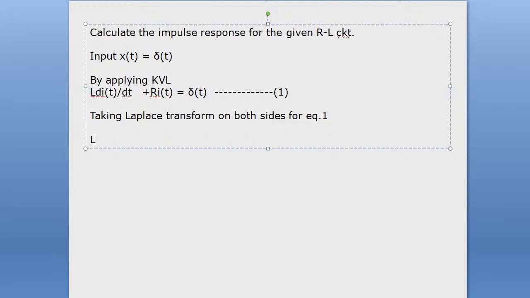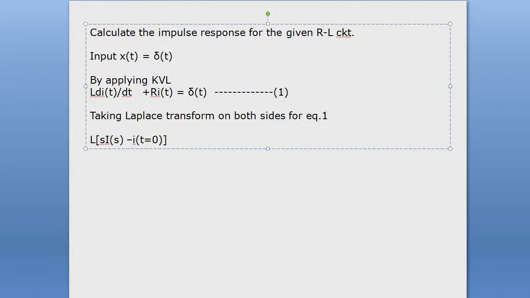You can write L into S I(S) minus the initial value of the current i at t equal to 0.